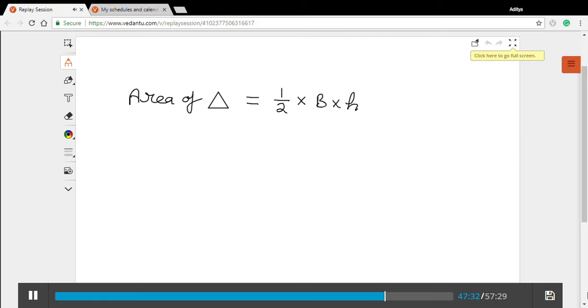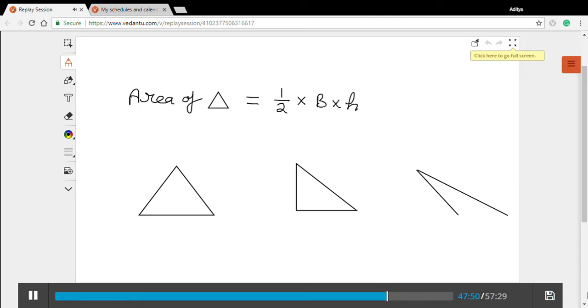So there are different triangles possible. It can be an acute angle triangle. It can be a right angle triangle. It can even be an obtuse angle triangle like that. So we can have base and heights wherever it's given, we have to consider it. In the first figure, this may be considered as the height.